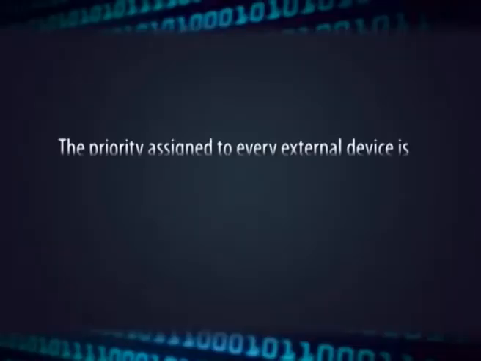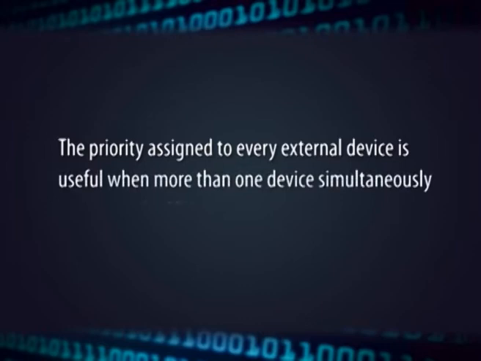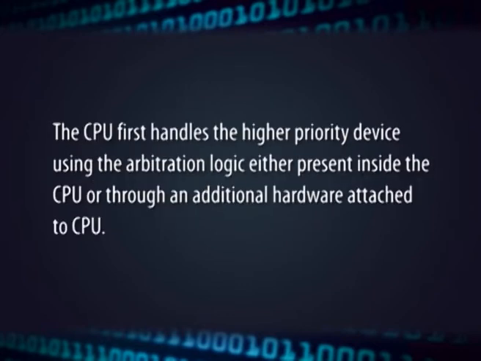The priority assigned to every external device is useful when more than one device simultaneously interrupts the CPU. The CPU first handles the higher priority device using the arbitration logic either present inside the CPU or through an additional hardware attached to the CPU. So, the important design issues can be summarized as 1.